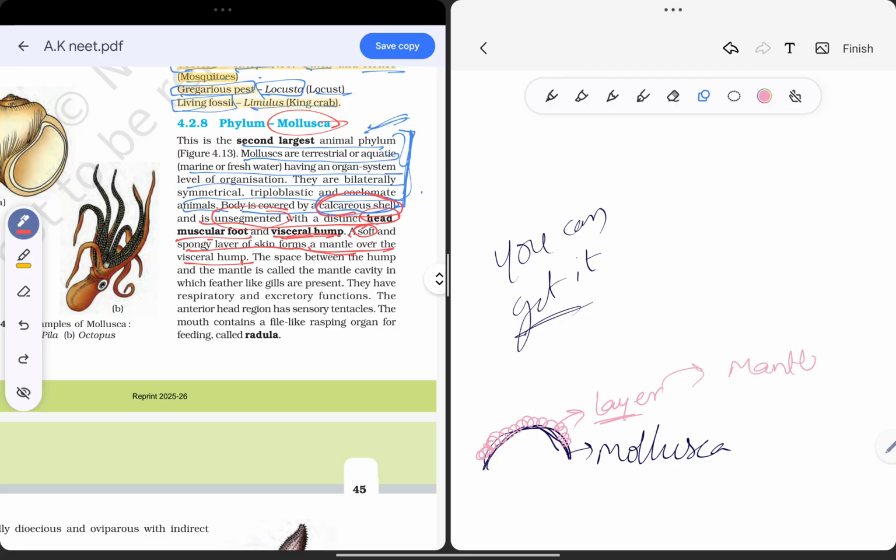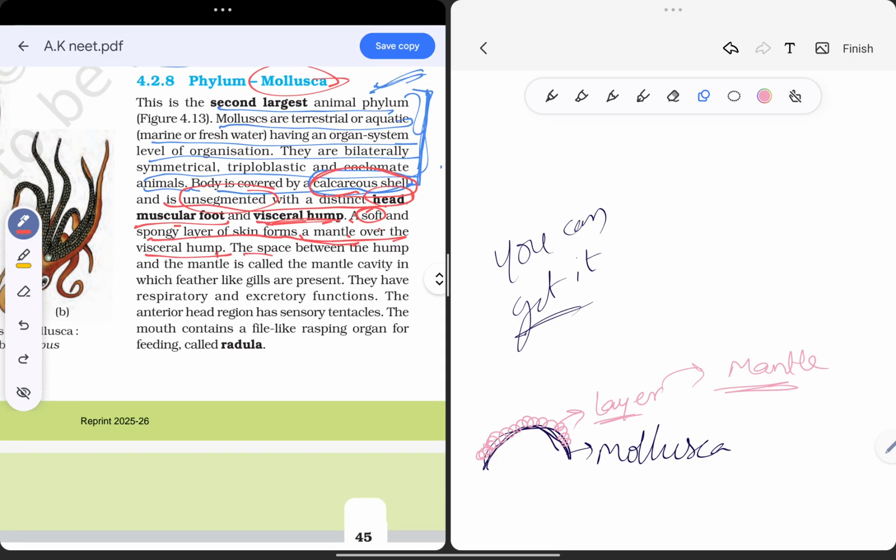The soft layer forms the mantle over the visceral hump, and there is some space in between the hump and the mantle. This is the hump, and the top layer is the mantle. This middle space is called the mantle cavity.